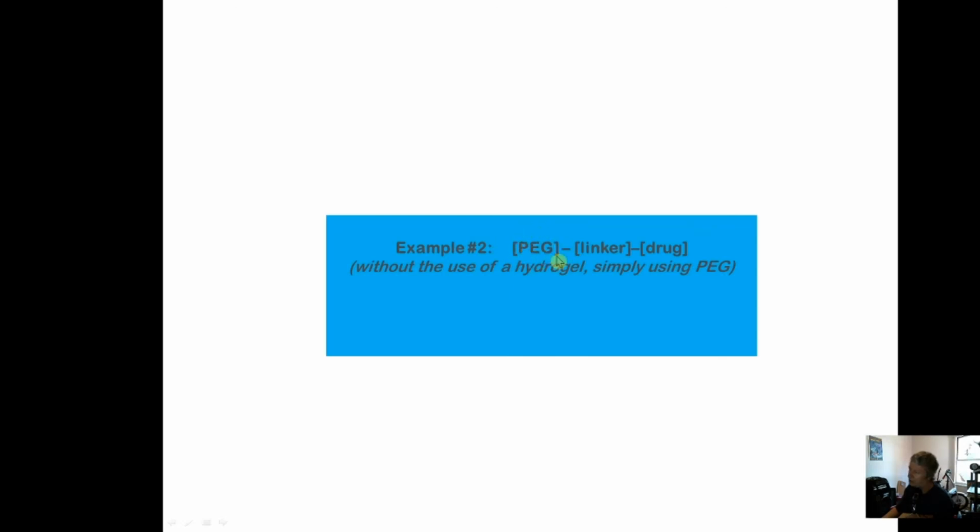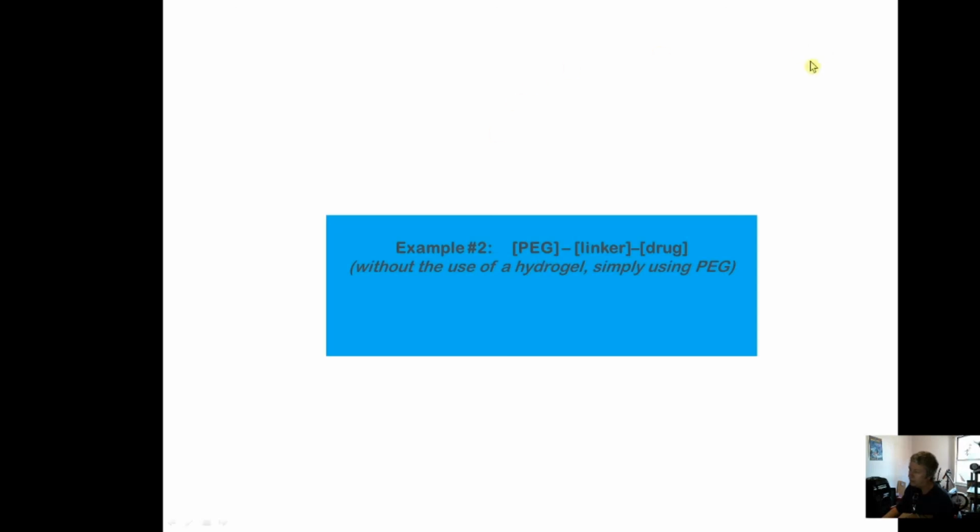And if you do PEG, a cleavable linker, and then a drug, you can also do the same sort of thing, but this is much simpler because you don't have to create that whole cross-linked matrix of PEG molecules. All you're using is just PEG. So it's not a branch. I think they're using branched PEG, but they're not.